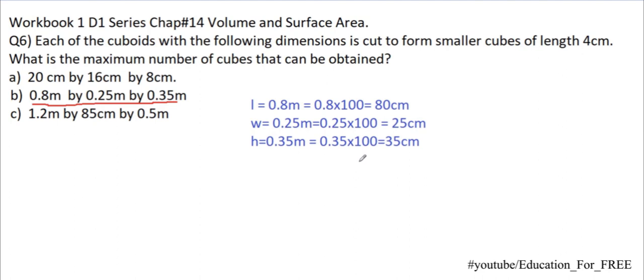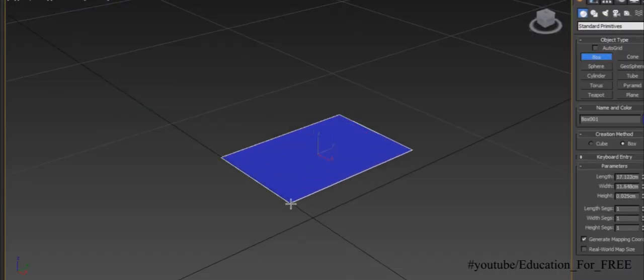to work with. Okay, so now the cuboid which we need to make is 80 centimeters, 25 centimeters and 35 centimeters. Again, showing you the 3D representation of this cuboid. So 80, 25 and 35. Let us draw a box with 80, 25 and 35.